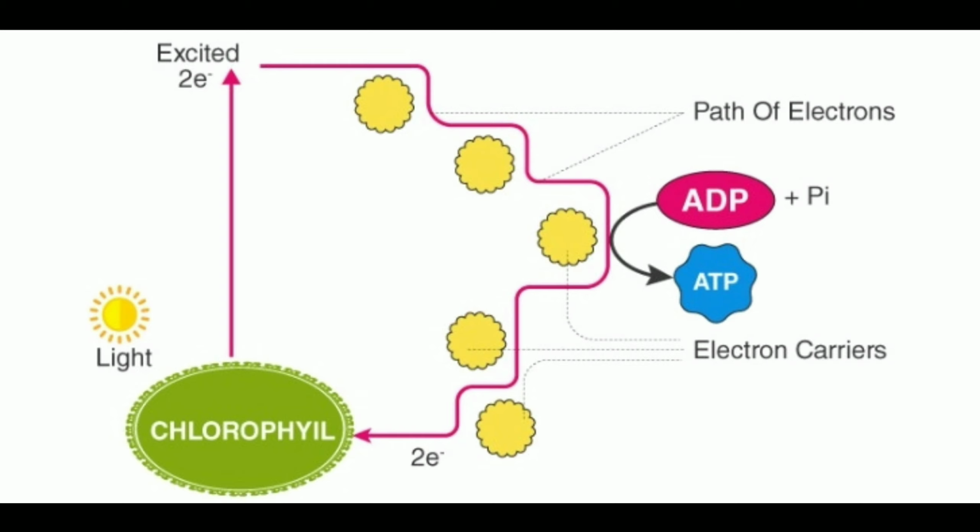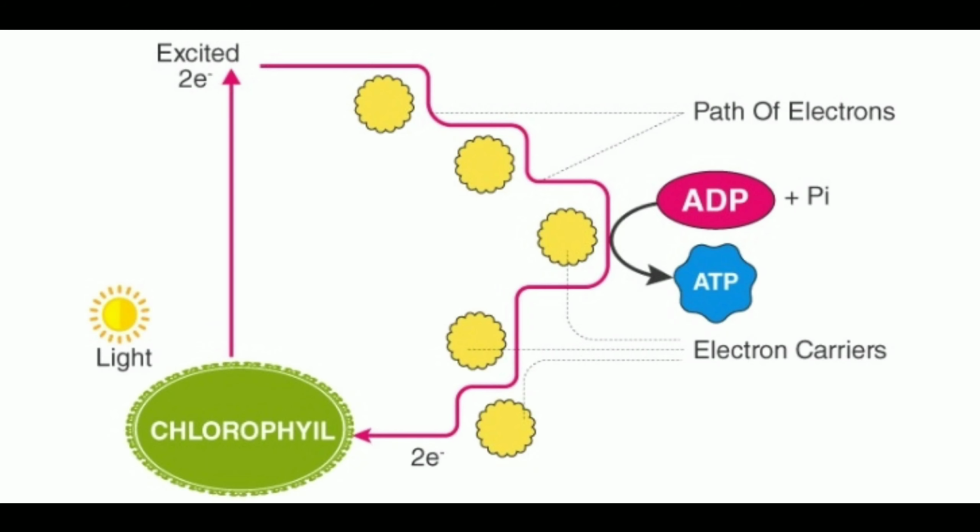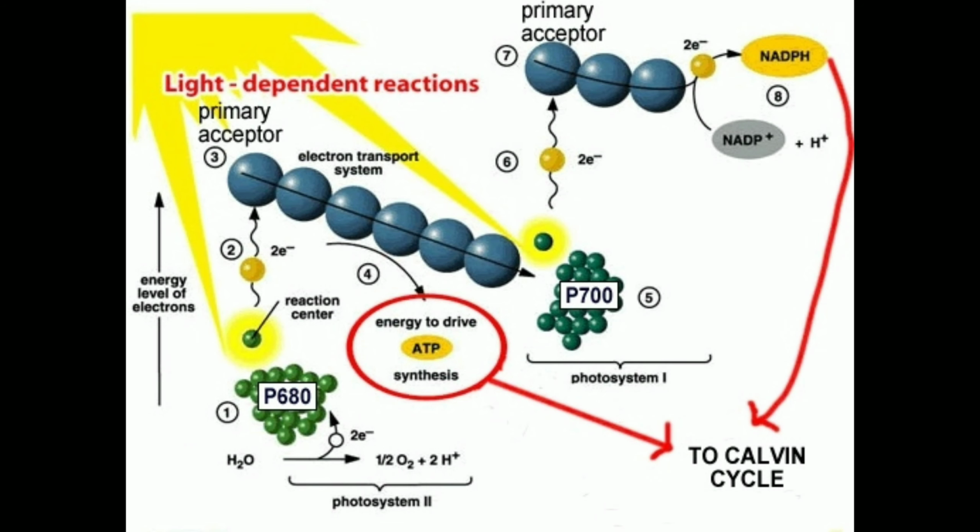So as a result, the pair of electrons passes from chlorophyll A to the primary electron acceptor, then through ferredoxin, plastoquinone, cytochrome complex, and plastocyanin. Then this pair of electrons is passed back to chlorophyll A. So this is a cyclic process.